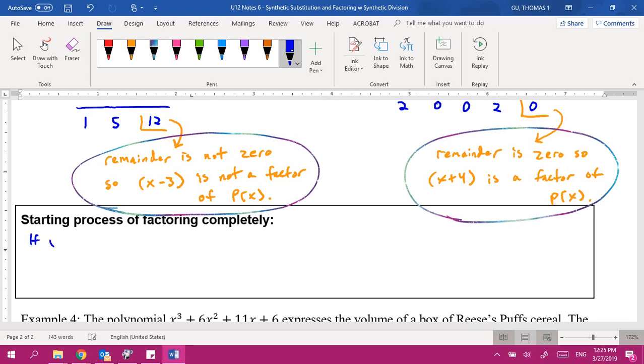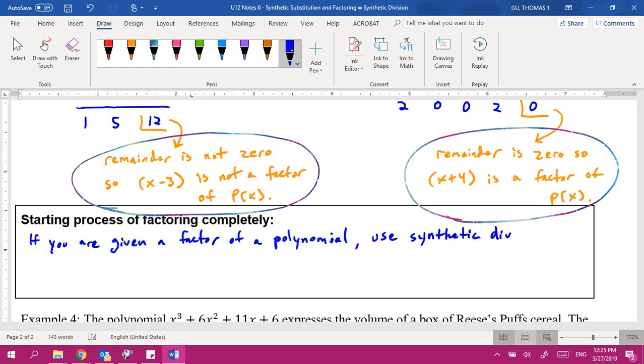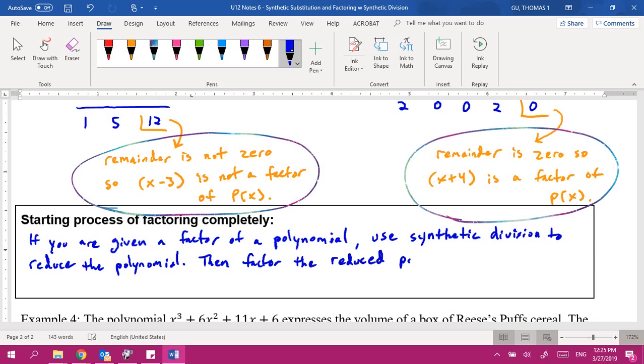If you are given a factor of a polynomial, use synthetic division to reduce the polynomial. Then factor the reduced polynomial.